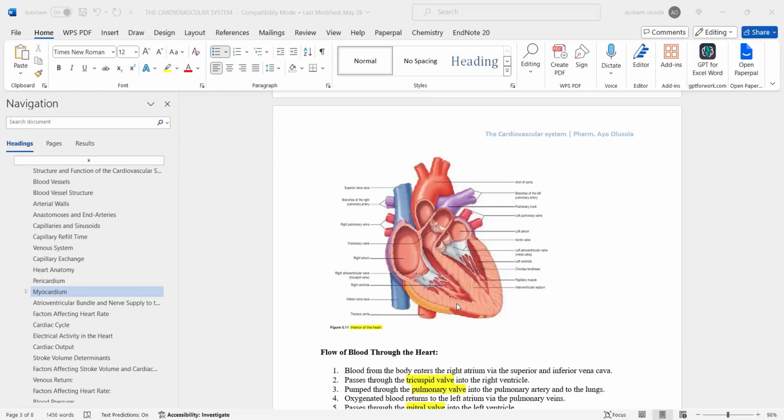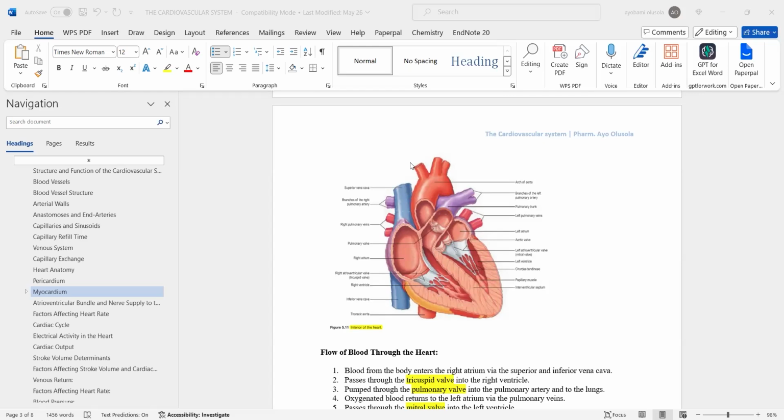From the right ventricle, who can tell us where the blood is going to? We have said the right part is for pulmonary circulation. So from the right ventricle, where will the blood enter? Pulmonary artery. So pulmonary artery, we take it to where? To the lungs. So what will happen in the lungs?